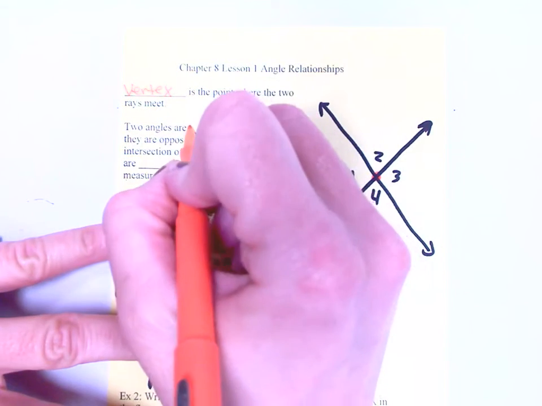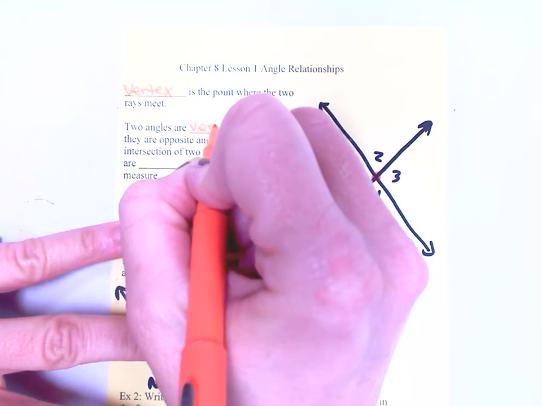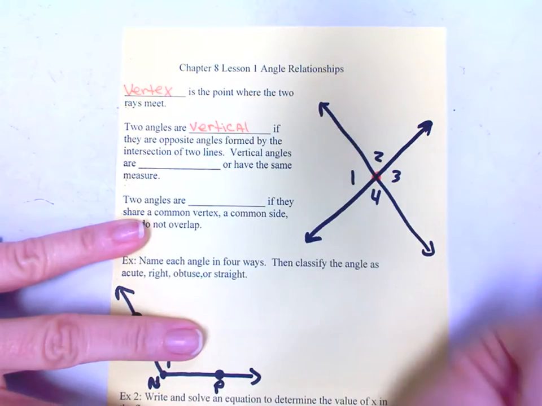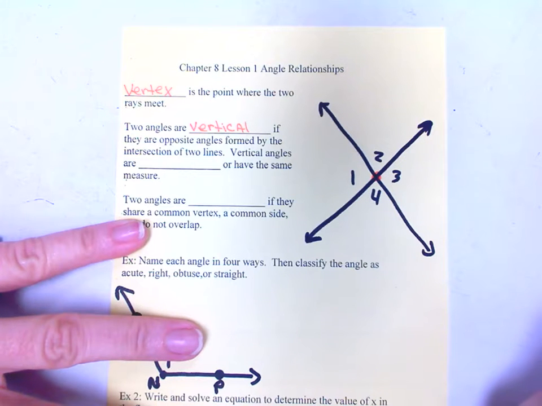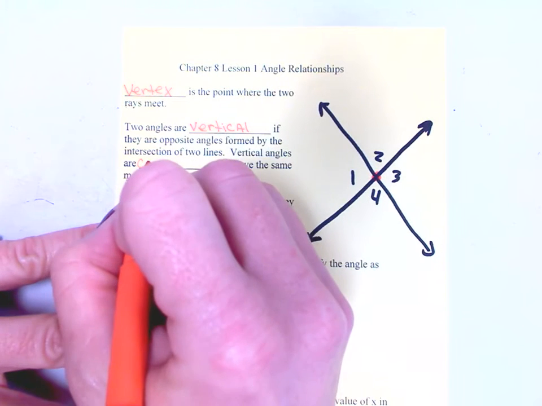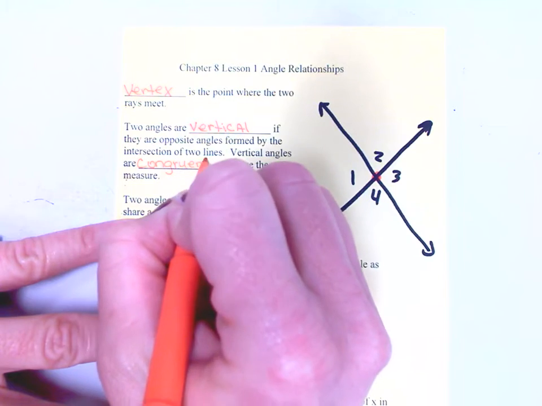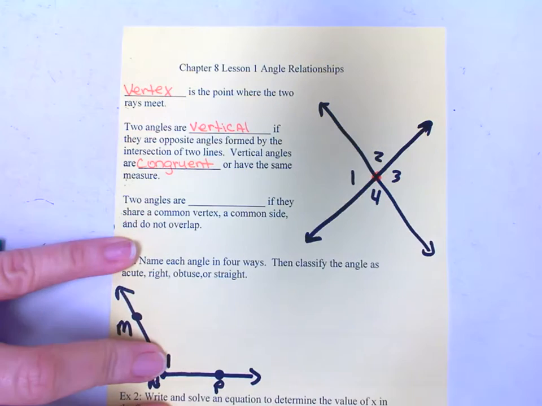Two angles are vertical if they are opposite angles formed by the intersection of two lines. Vertical angles are congruent, or have the same measure.